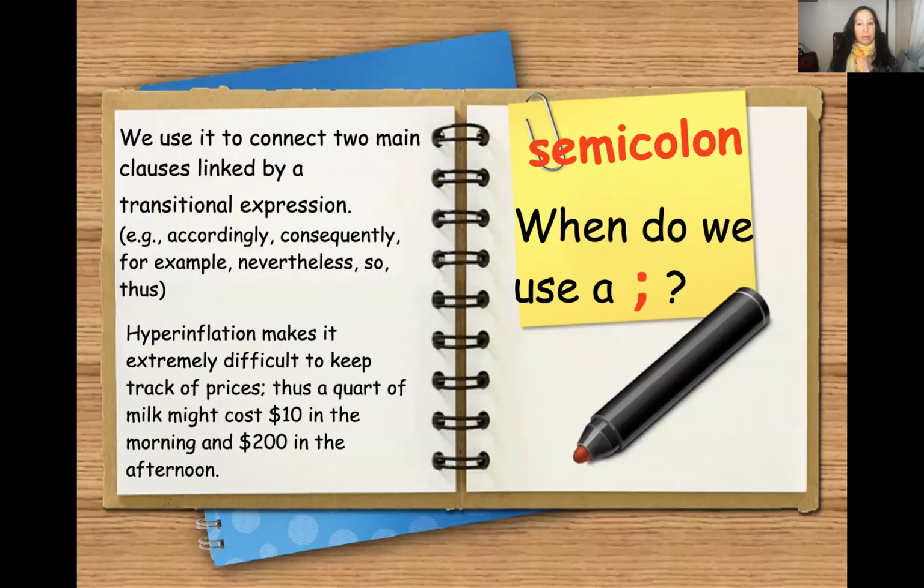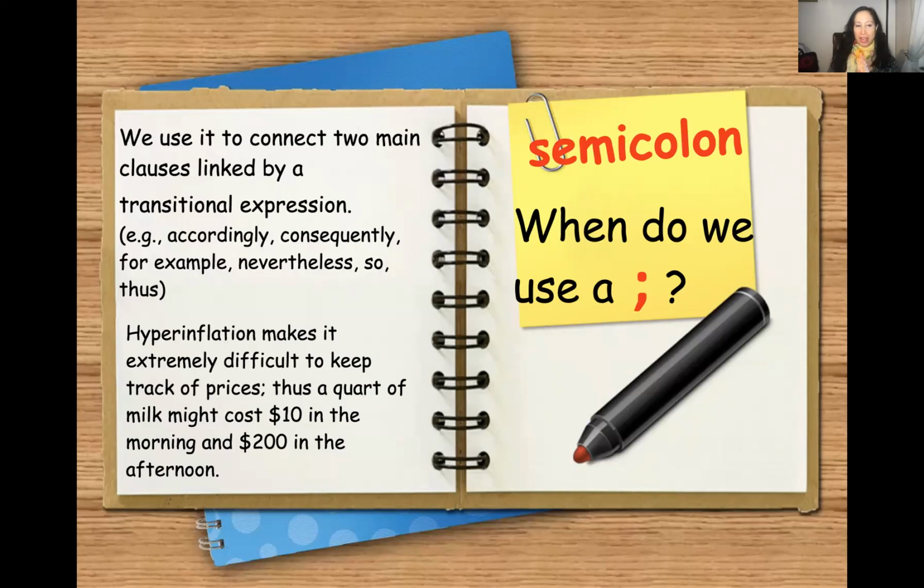An example of using a semicolon connecting two main clauses linked by a transitional expression: hyperinflation makes it extremely difficult to keep track of prices; thus, a quart of milk might cost $10 in the morning and $200 in the afternoon.